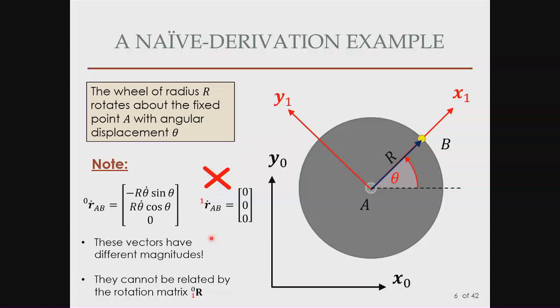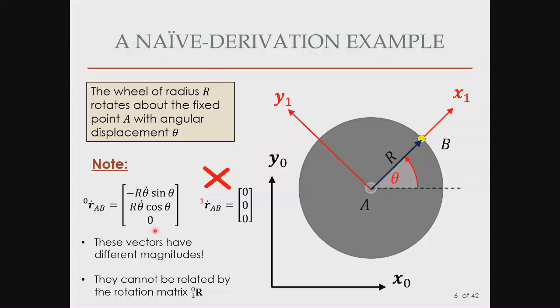So what we are after is some method to correctly take the derivative of the position vector RAB with respect to time, and get the velocity vector of this point B expressed in frame 1. It will not be all zeros because it should have the same magnitude as this one, which is non-zero. All right, are you with me, roughly?